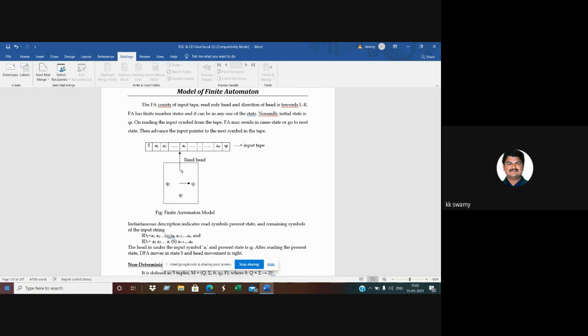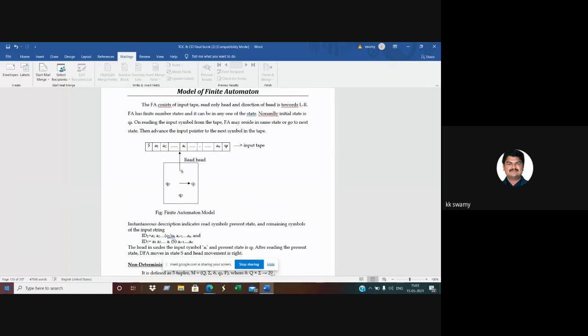And the next one, DFA. We don't have such kind of notations. On every input symbol, a path is required from every state. DFA means deterministic, without having any confusion, we can reach the final state by reading the string.